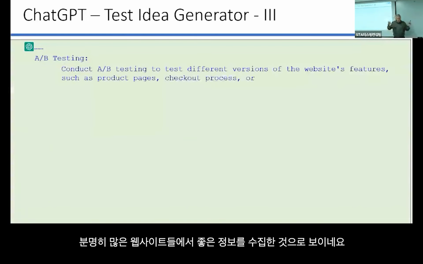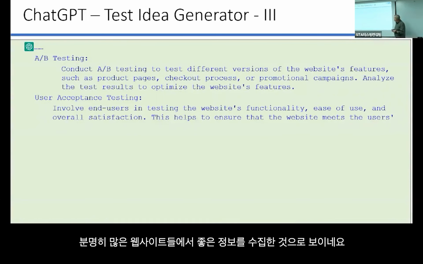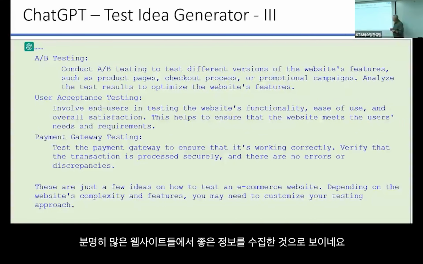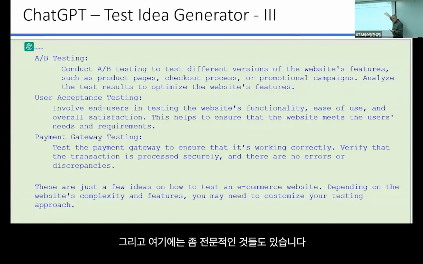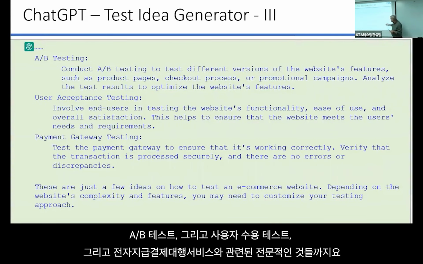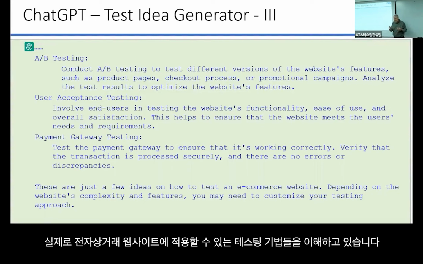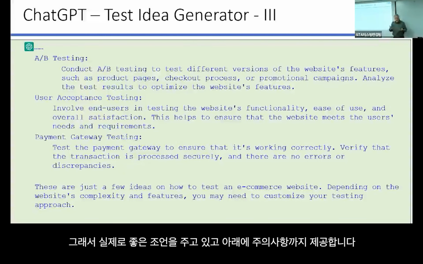So it's obviously gone to lots of websites and found out loads of good information. And we've even got some quite specialist stuff here, A/B testing, and then user acceptance testing, and then specialist stuff for the payment gateway. So these are not just generic suggestions for every app. It knows that these actually are applicable to an e-commerce website. So it's actually giving us good advice.